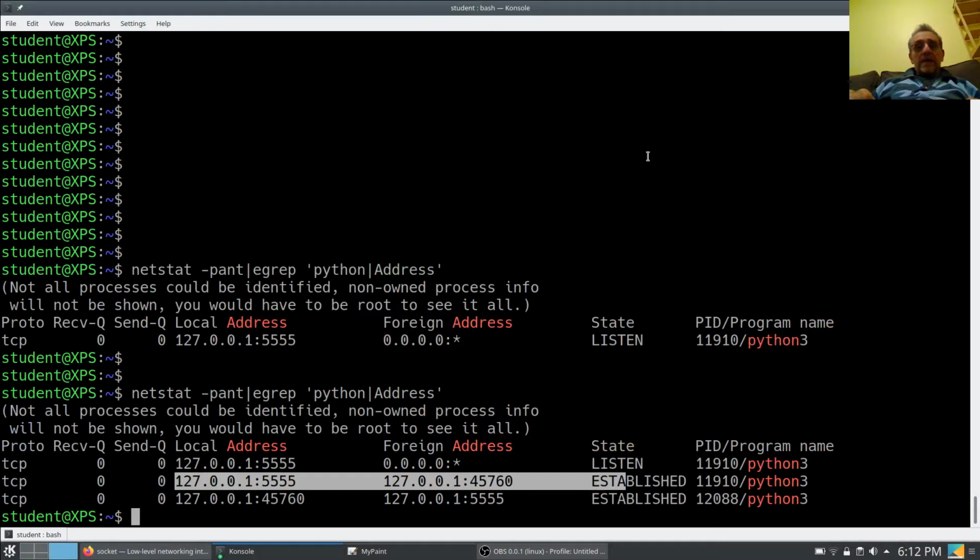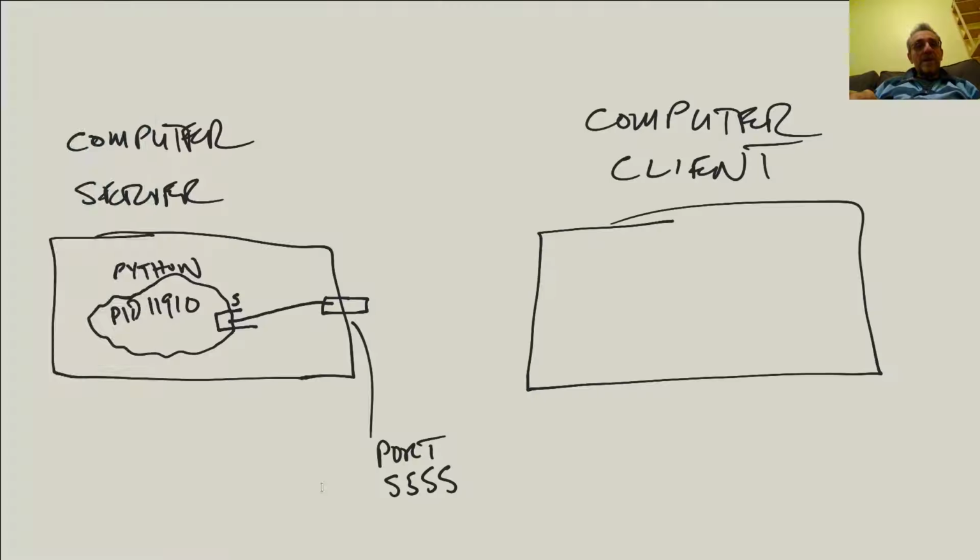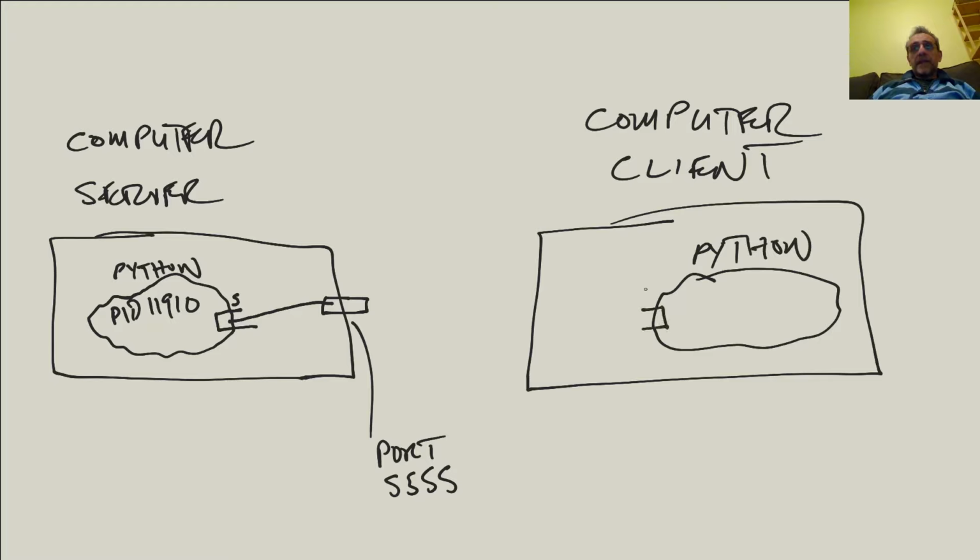Let's go back here. And so what's going on here is that, yeah, we've got 2. So why 2 more? And I'll explain why. Let's go to the picture and I'll show you what's happening. So there is a Python program here as well. And this one has a socket, and this one is S. But you see, there is a port here as well.